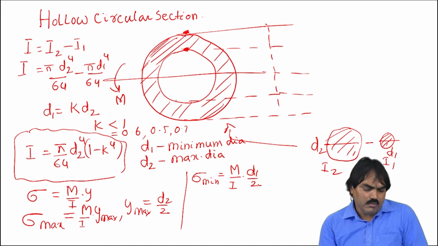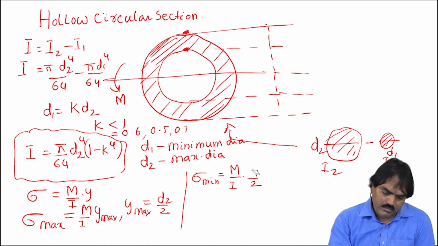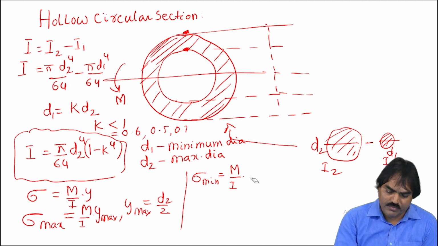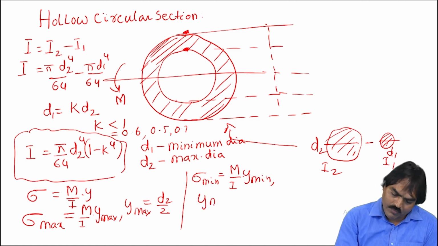So in these cases, y minimum is given by D1 by 2.